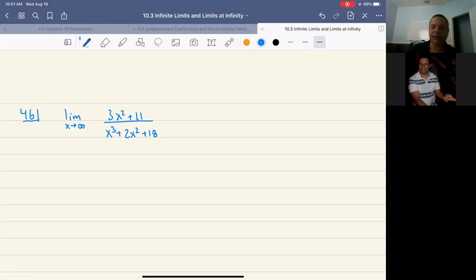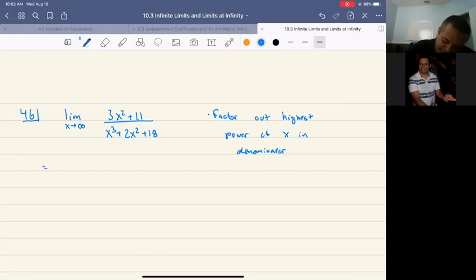So we're going to factor out the highest power of x that appears in the denominator, which in this case is x cubed.